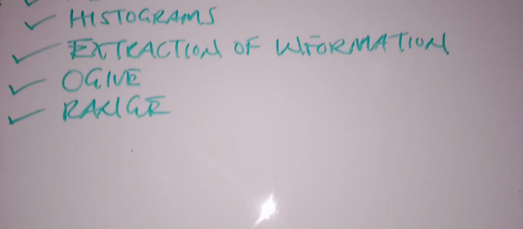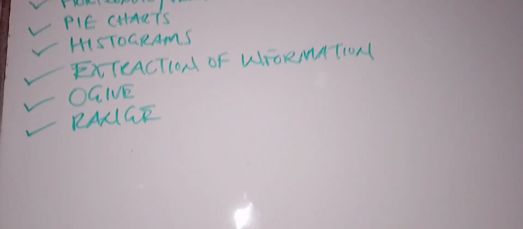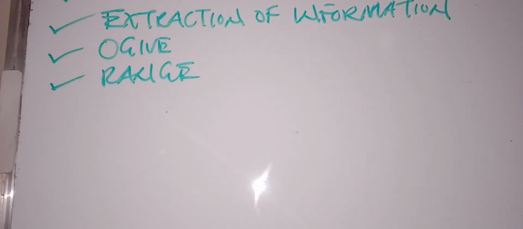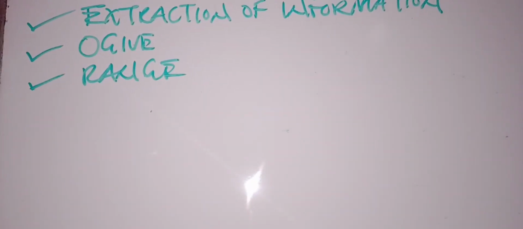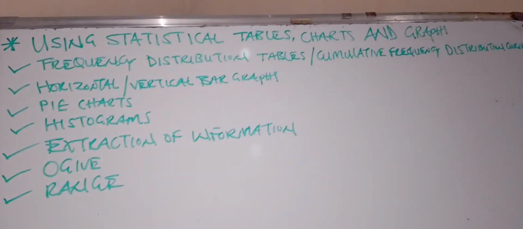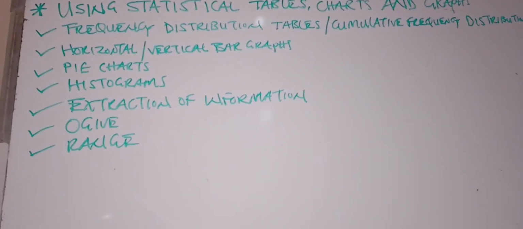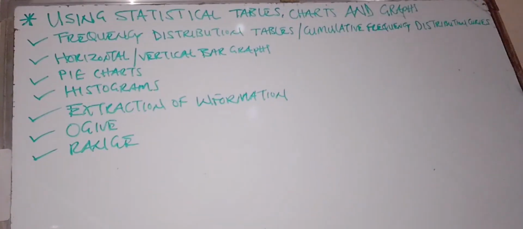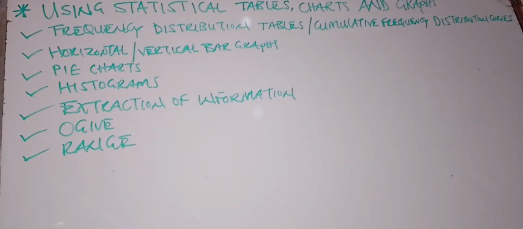There are two types of ogive: less than ogive and more than ogive. You can find out about that if you are interested, but we are interested in solving. But it's very important to also know about statistics.